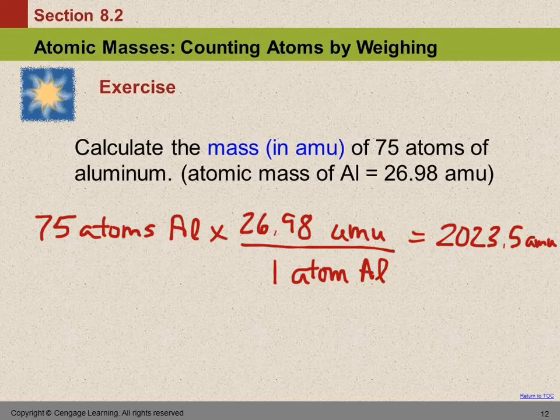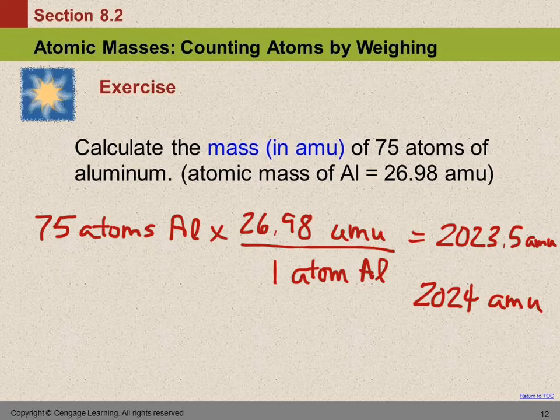Now, if we were going to think about significant figures, 75 atoms, that's a counting number. 26.98 has 4 significant figures, and so we might want to round this to 2,024 atomic mass units. But this is the sort of math that we do in everyday life.